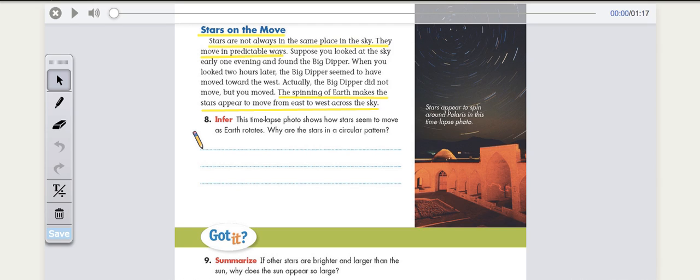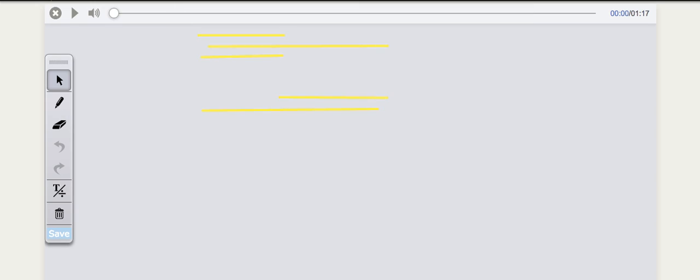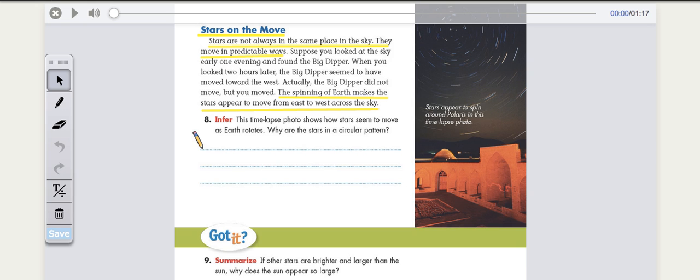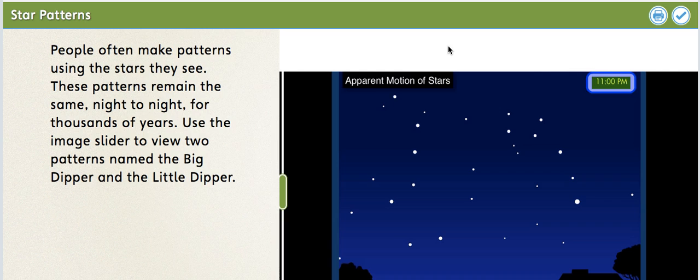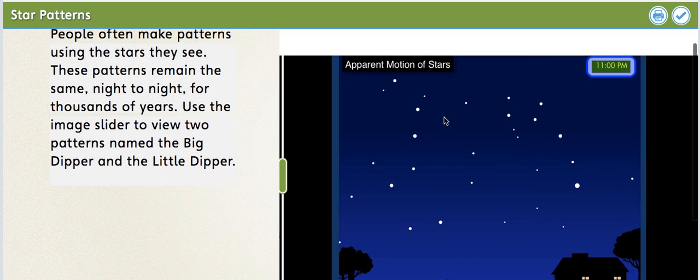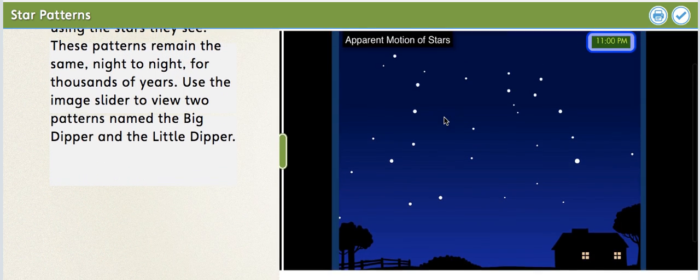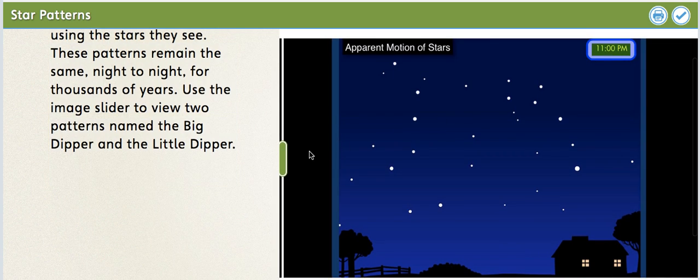So if we look here at this animation, and if we move the cursor, it's 11 p.m. If I do this, you would see two types of constellations.